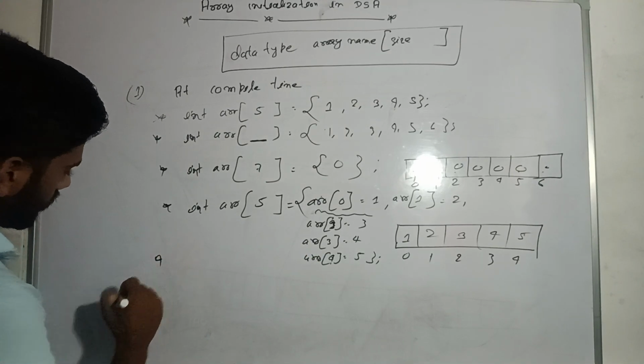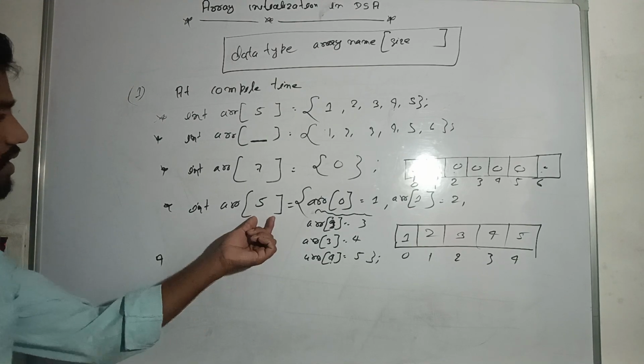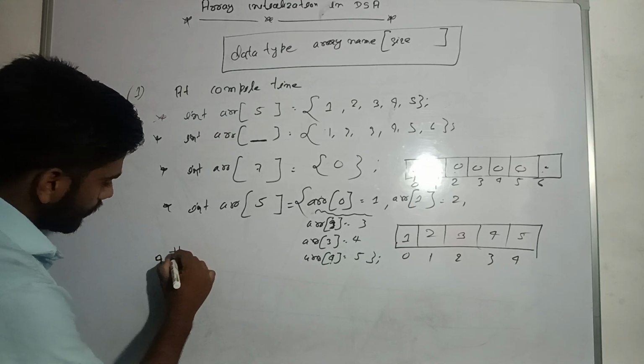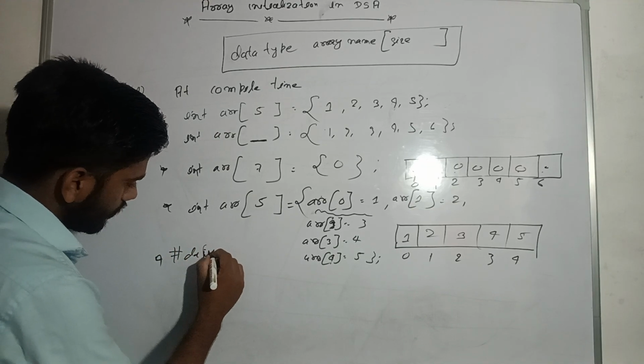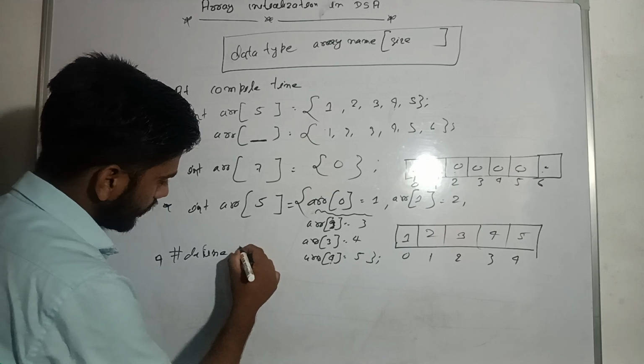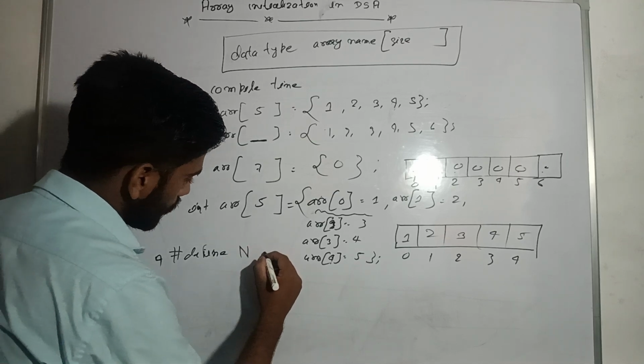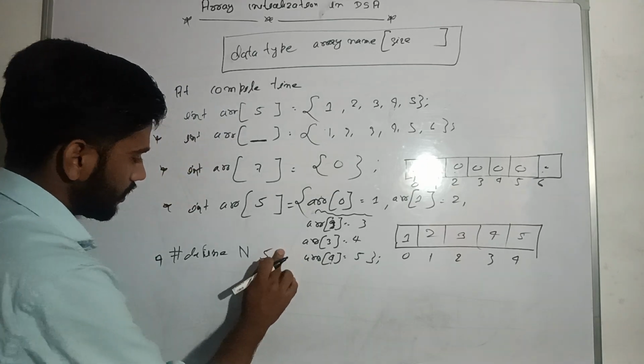And we can use a macro using #define. Here is a value N, suppose the value is 5, with no semicolon.